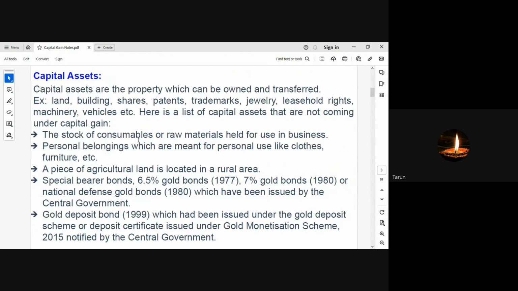Before that, you need to understand capital assets. What are capital assets?